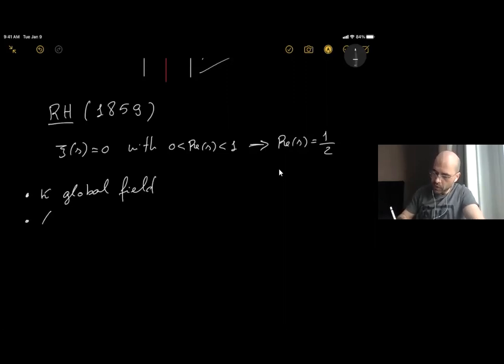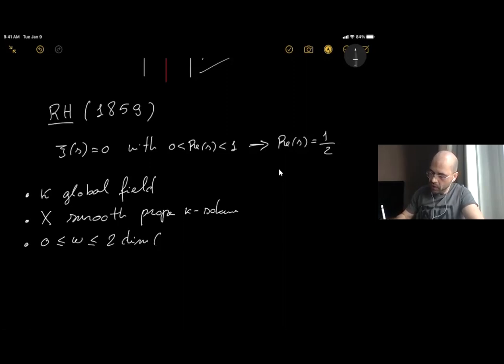We'll be working with a smooth proper scheme, and we'll choose an integer w between 0 and twice the dimension of my scheme. And now, using these three ingredients, we'll be able to define the associated L function. And from there, we consider the generalized Riemann hypothesis.